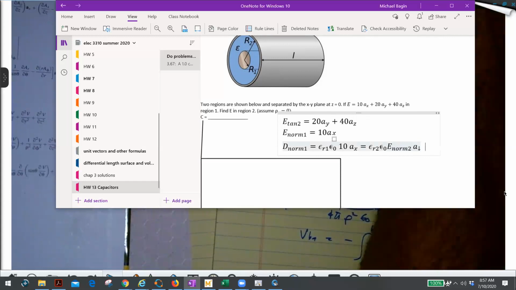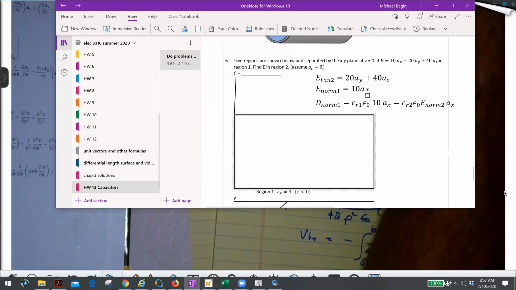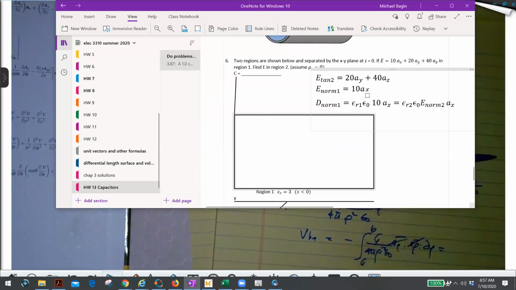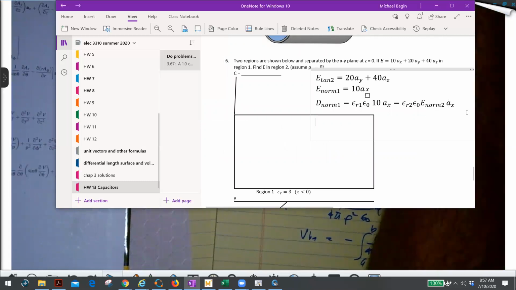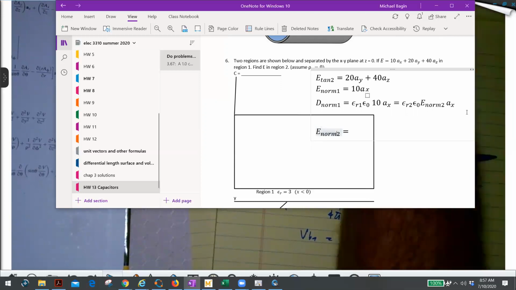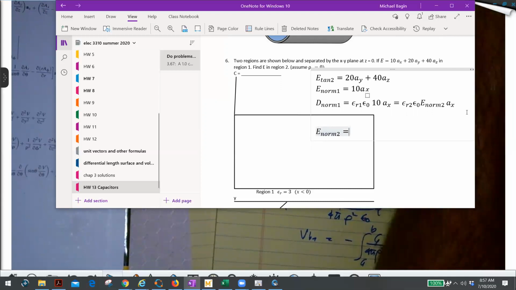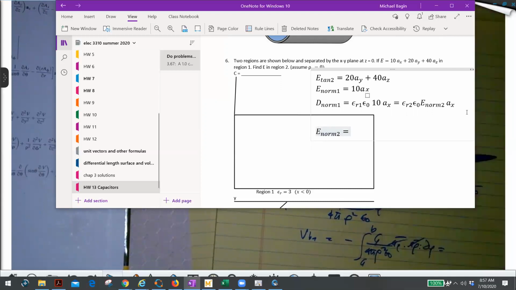And I can therefore get what? I can say that E sub X2, this would be the X component, or just E normal, I guess, would be equal to epsilon relative 1 over epsilon relative 2.